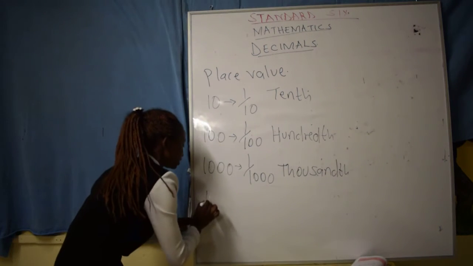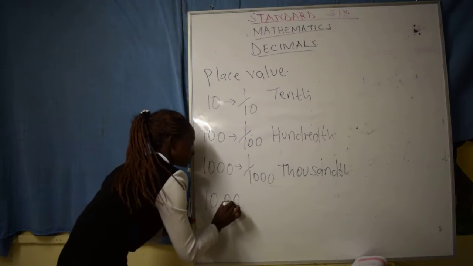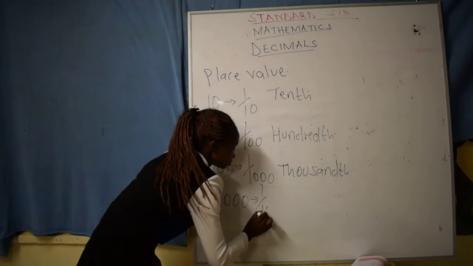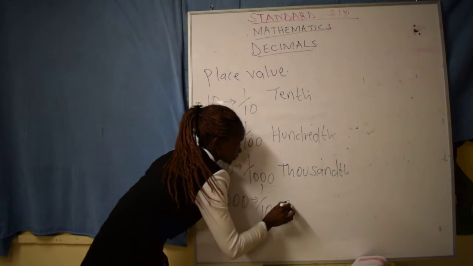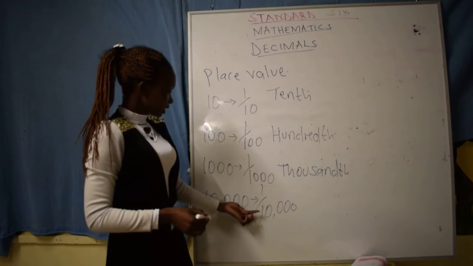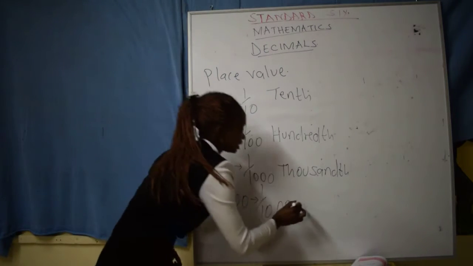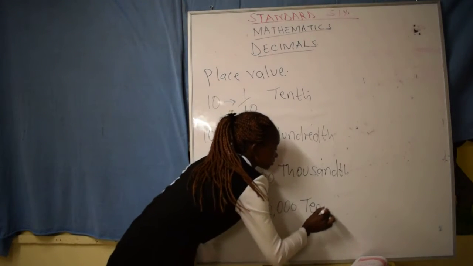Next is 10,000. So 10,000 as a fraction is 1/10,000. And 1 out of 10,000 in words is written as ten-thousandth.